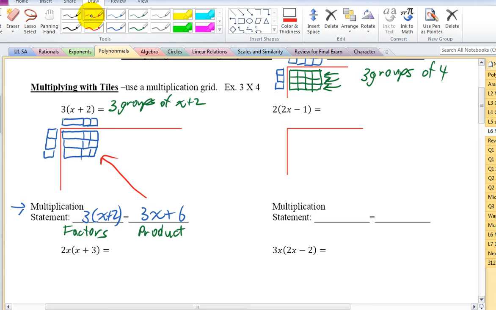Okay, number 2. Go ahead, draw it. Put 2 on one side and 2x minus 1 on the other side. Come up with your answer, write your statement.